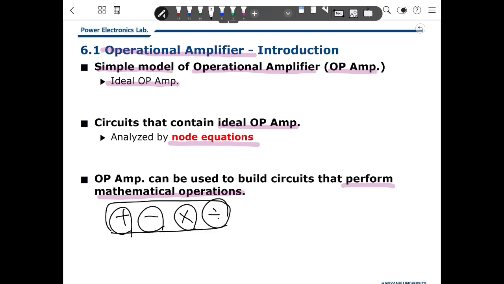In this chapter 6, we will introduce what the operational amplifier, the op-amp, is, and what the characteristic of the model of the op-amp is. When an electric circuit has an op-amp, what should we do to analyze this electric circuit? We'll discuss these topics here.